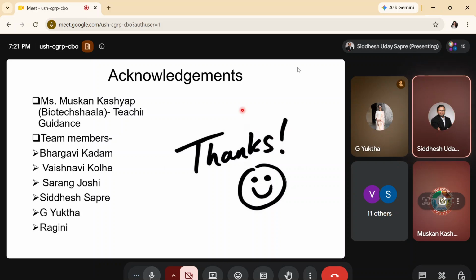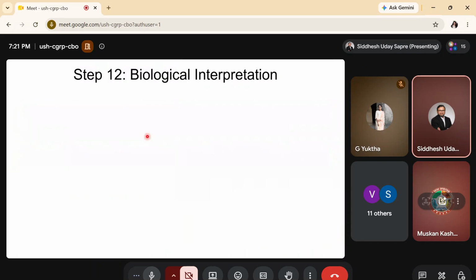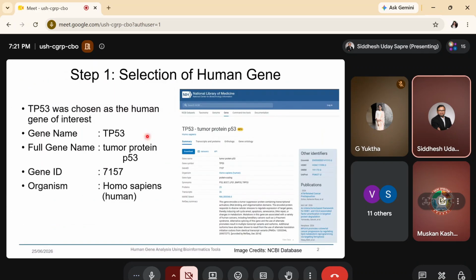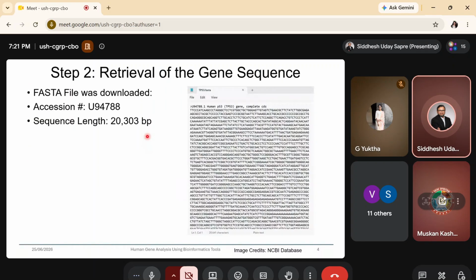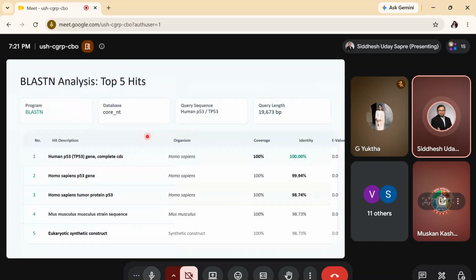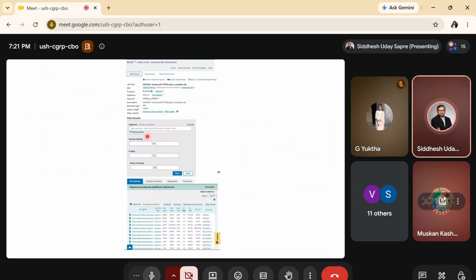Yes. Okay, so what happened is, let me take you back to the first slide. We took the gene sequence, but when it comes to a particular search on BLAST, if you look at the description table, you can find many organisms.